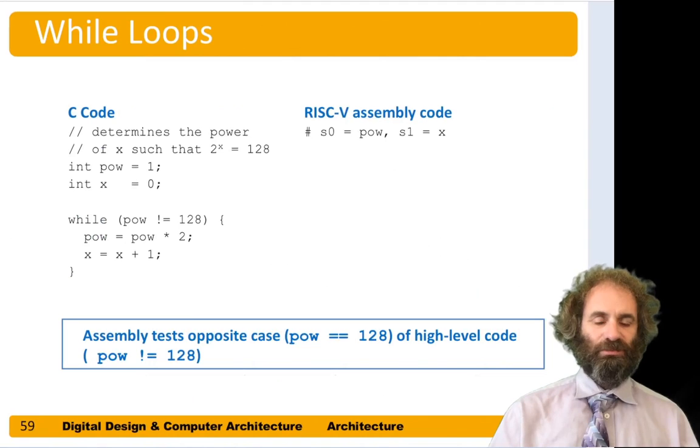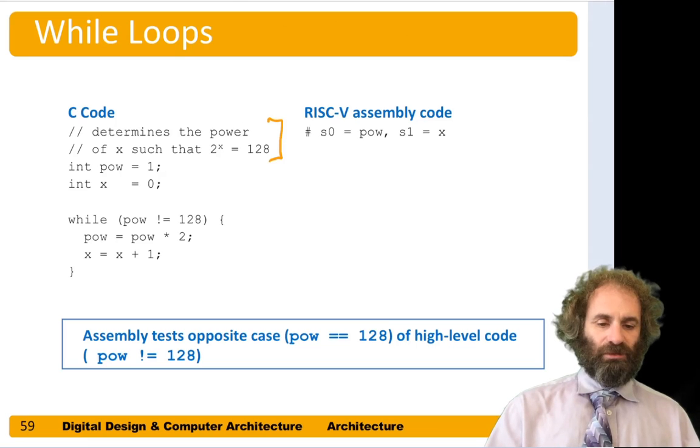Let's take a look at loops. Suppose we wanted to write a little program that computed what power of x satisfies 2 to the x equals 128. And we were going to do this by starting with 2 to the 0, and then just keep counting powers until we get there. So here we'll start x is 0 and 2 to the 0 is 1.